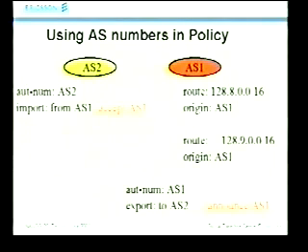Using AS numbers and policy, what I'm trying to say here is, notice that I have a route object here, origin AS1, another route object, origin AS1, and AS2: import from AS1 except AS1, and the aut-num object for AS1 is export to AS2, announce AS1.